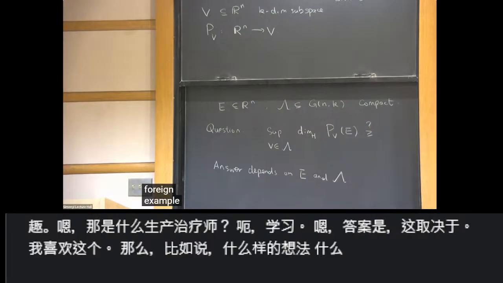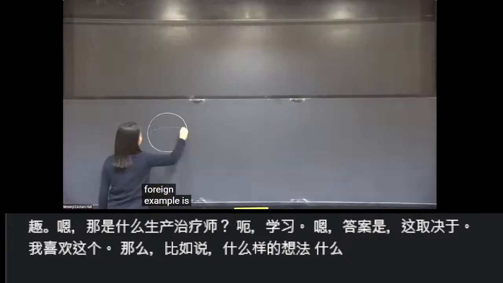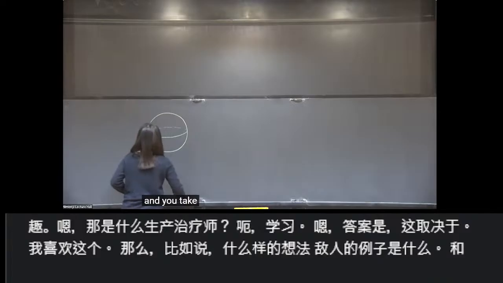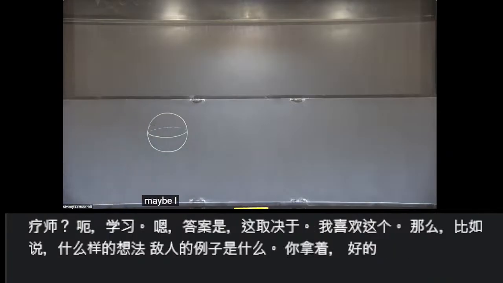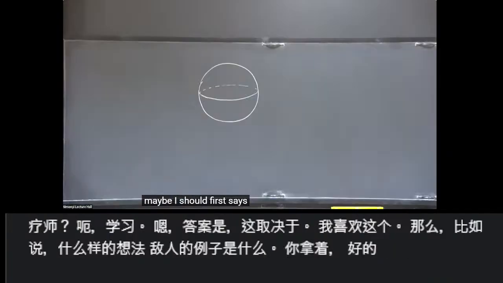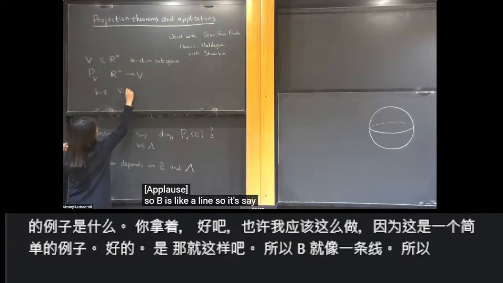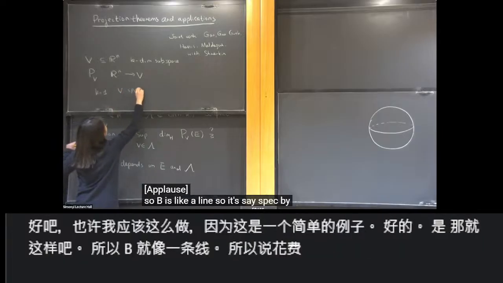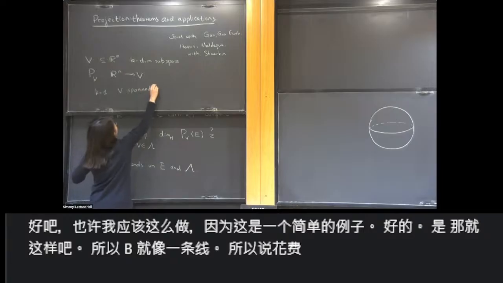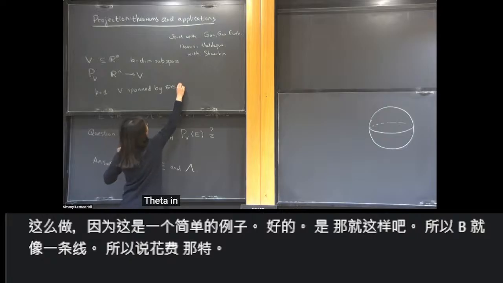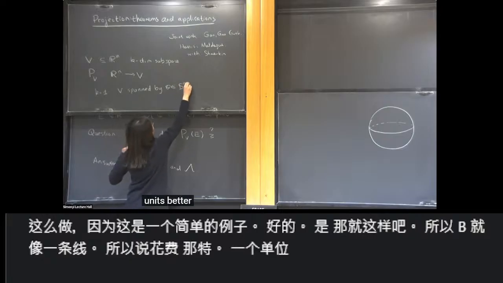Maybe I should first say a simple example when k is 1, so V is like a line, spanned by a unit vector theta.